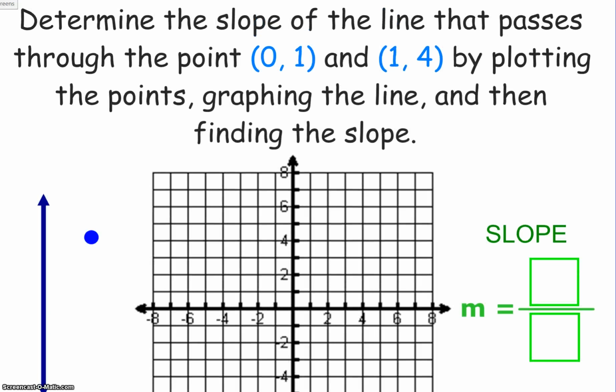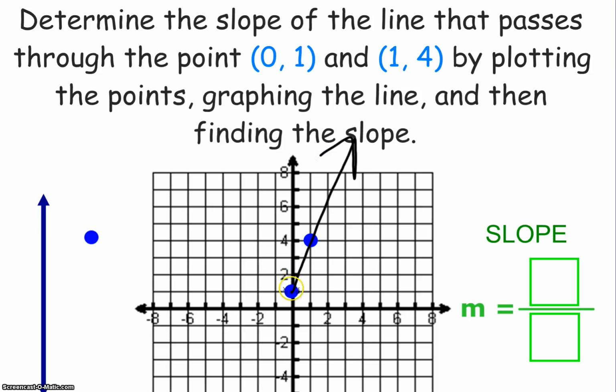So let's plot our points first. 0, 1. Does that mean I'm going over 1 or up 1? Because I'm starting on 0, I need to go up 1 and put a point. Then I have 1, 4. So I run to 1 and go up to 4. And here is your line.